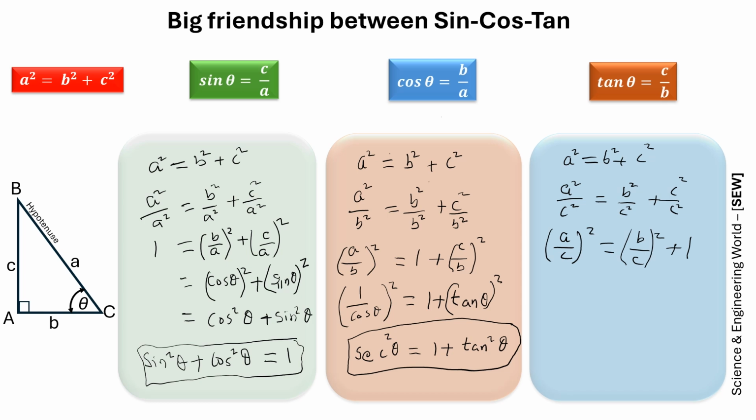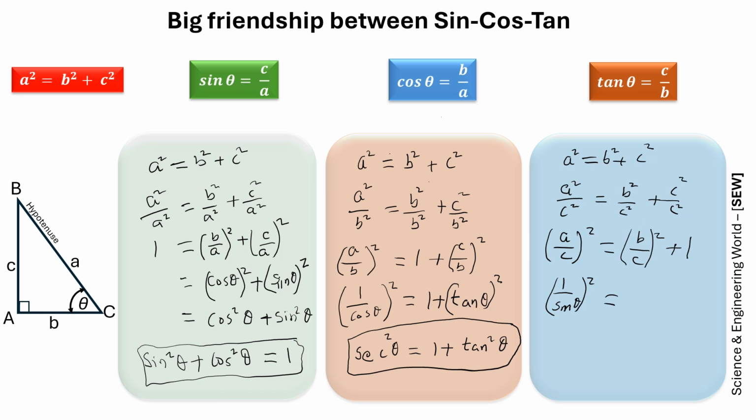Now let's look at this expression. A over c is the inverse of sine. So we are going to have here (1 over sine theta) squared equal to b over c squared.